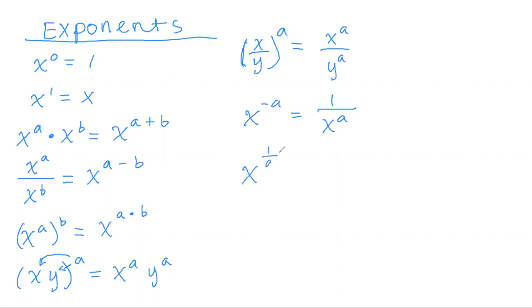X to the 1 over a is the same thing as saying a root of x. So for example, x to the 1/2 is the exact same thing as saying square root. But again, I don't think this is going to be brought up until the radical video that I will make. But these are all the properties and rules for exponents.